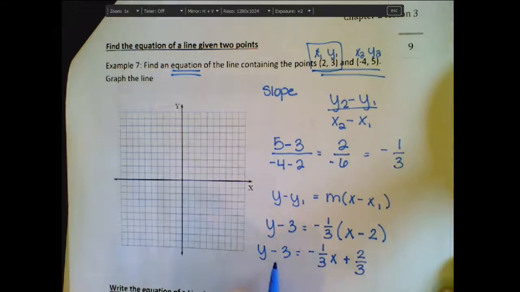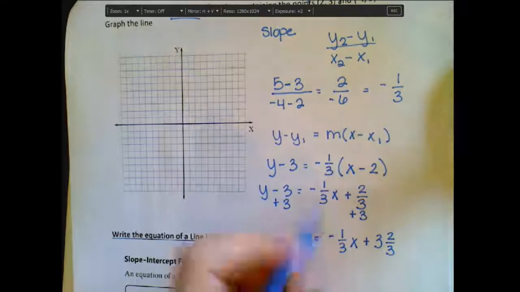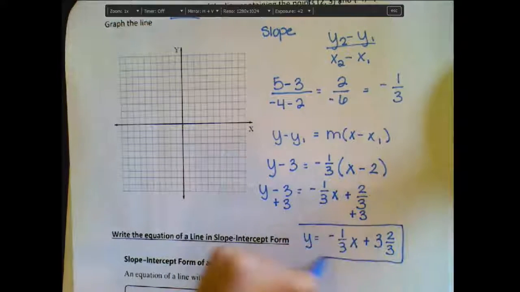With this, I need to add 3 and add 3. y equals negative 1/3 x plus 3 and 2/3. It does not matter which one you pick, because even if I were to pick the negative 4, 5 point, I'm still going to end up with this exact same equation.